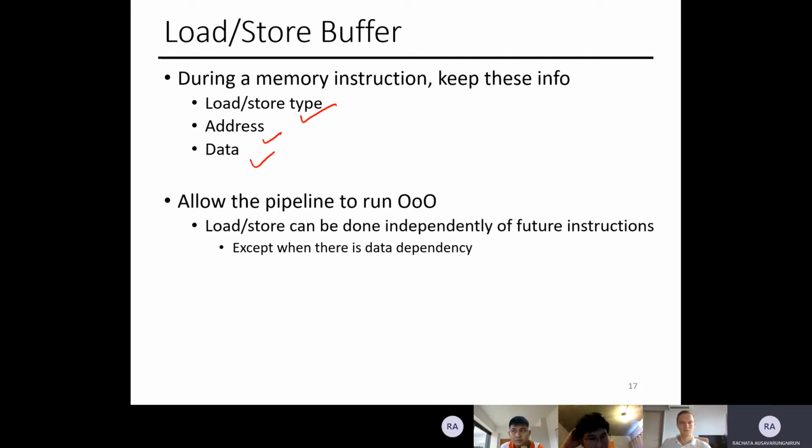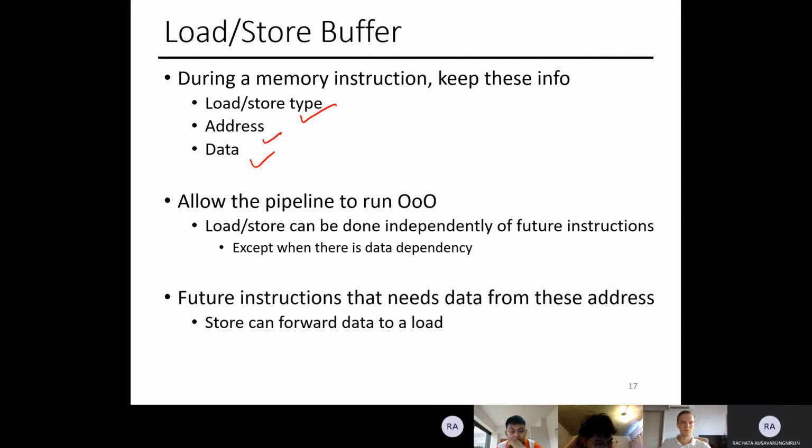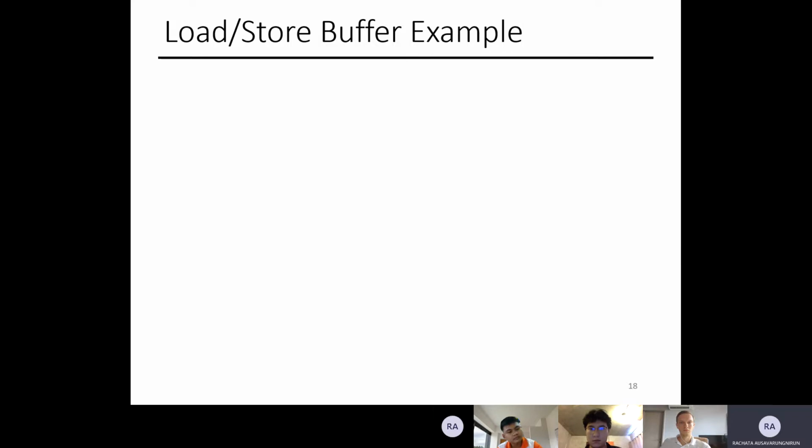It ensures this thing called write consistency. It ensures that things are done in order. The same concept that we're talking about: we want to make sure the user sees things commit in order. Basically, if you have a future instruction that needs data from this address, forward the data to the load.